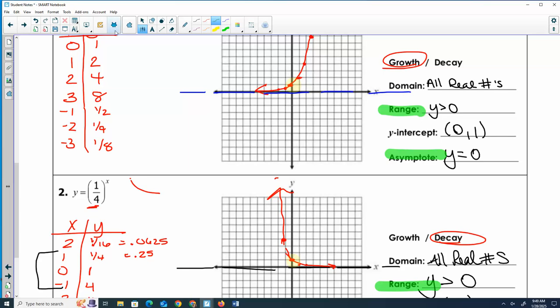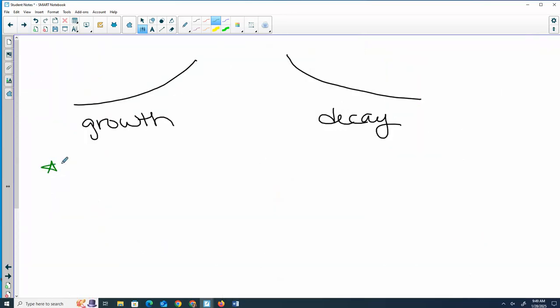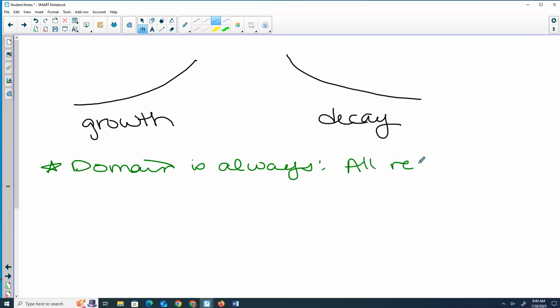Couple other things that we noticed. What is the domain always? Every single problem. All real numbers. Okay, you can plug in any number for x that you want.